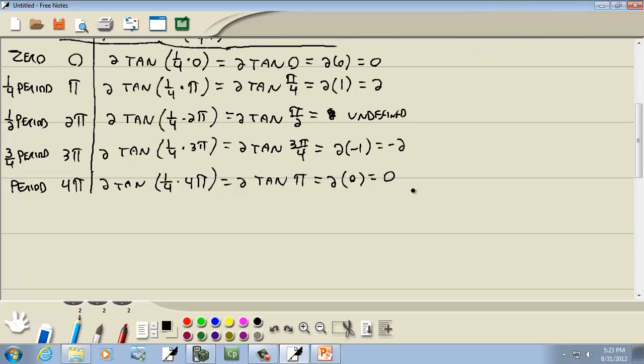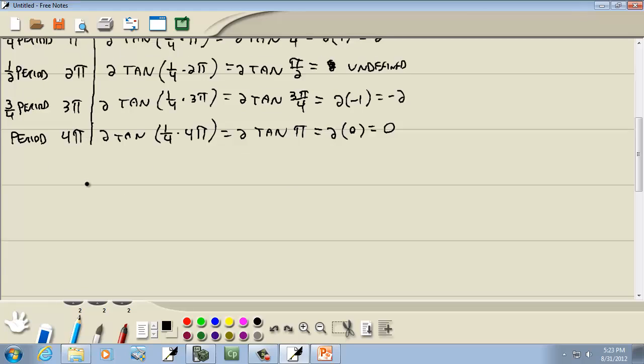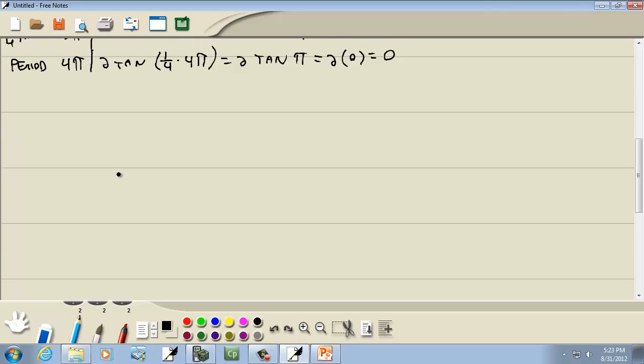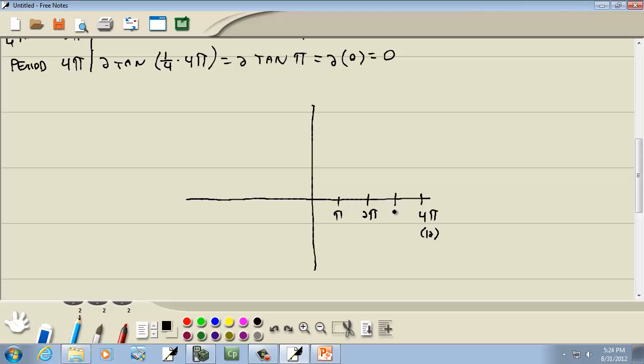So let's come down here. Looks like 4 pi is a maximum there. Okay, so I'll put 4 pi here. Now pi is like 3, so this is roughly 12. Here's 2 pi, here's pi, and here's 3 pi.